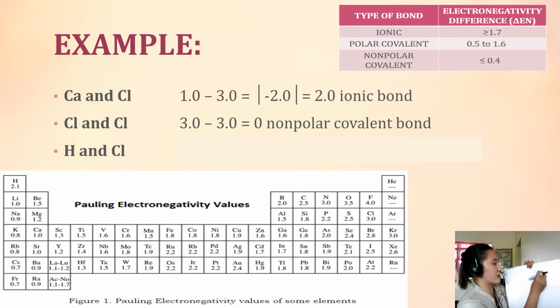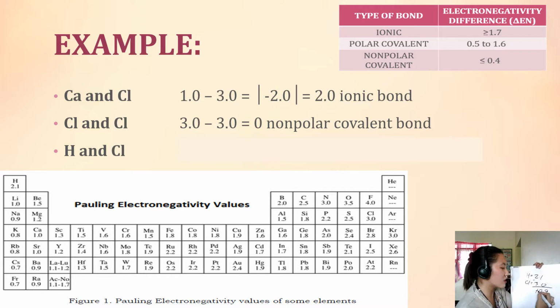Next, we have hydrogen and chlorine. So, hydrogen has an electronegativity of 2.1. And chlorine again has an electronegativity of 3.0. So, to get the electronegativity difference again, we must subtract their electronegativity values. So, 2.1 minus 3.0 is negative 0.9.